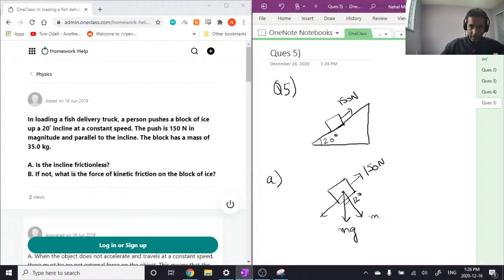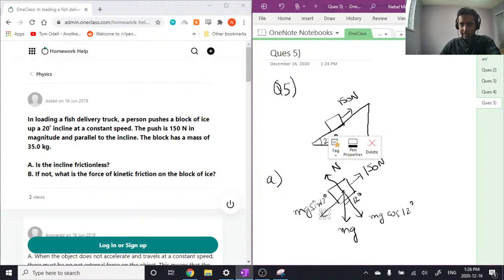This component will become mg cos of 12 degrees, and then the parallel component will become mg sine of 12 degrees, and then we also have a normal force as a reaction force from the incline acting on the box.